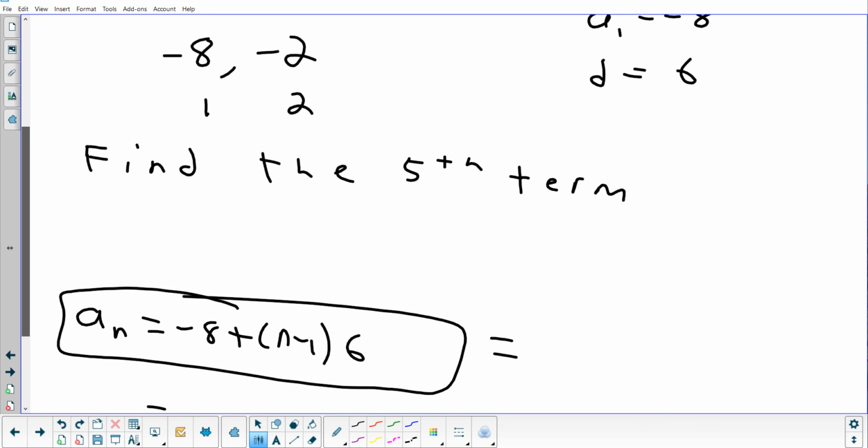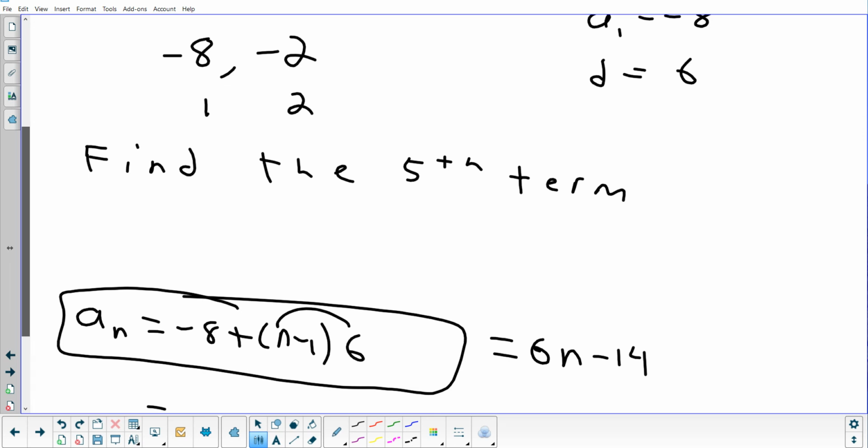And that will simplify to 6n minus 14. Negative 14. Now, we only had to find the fifth term. We probably could have done that faster without even doing this.